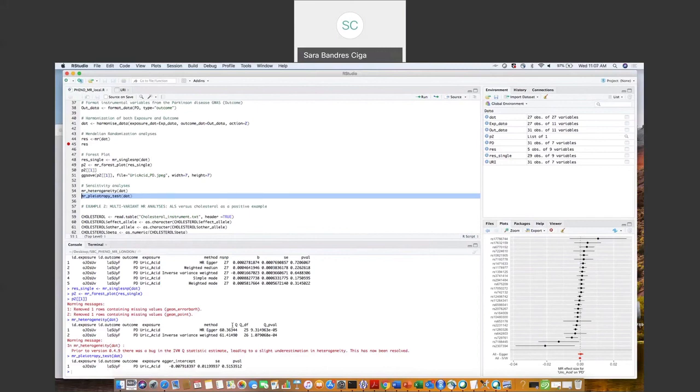Let's say that you run this analysis and you observe that rheumatoid arthritis is causally linked with Parkinson's disease. And then you start digging and digging in terms of pleiotropy and heterogeneity, and you realize that this is only because of HLA, right?